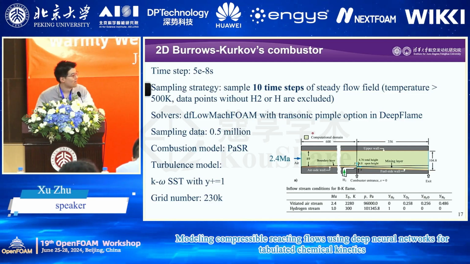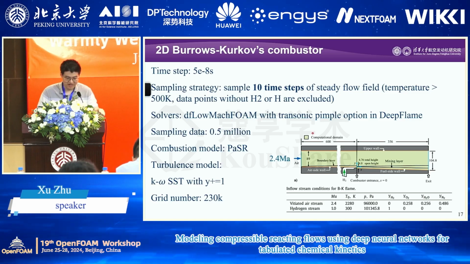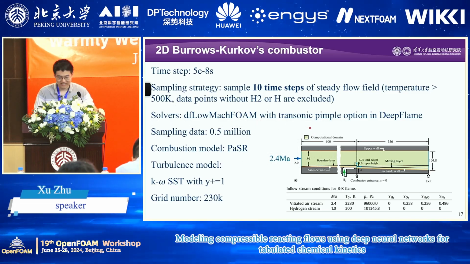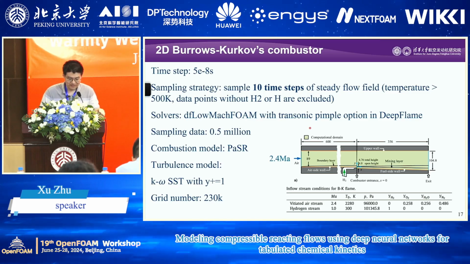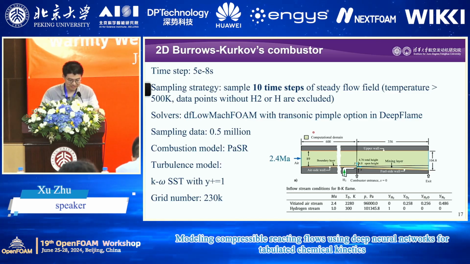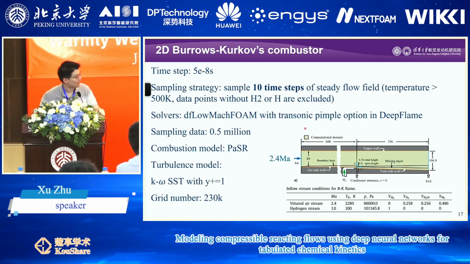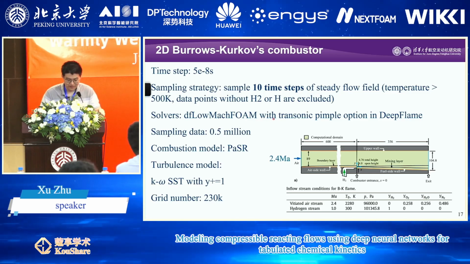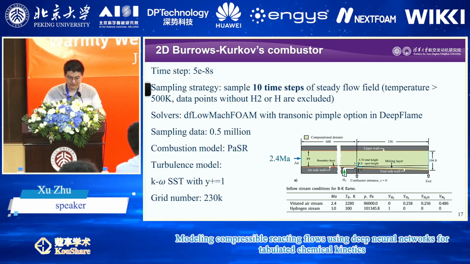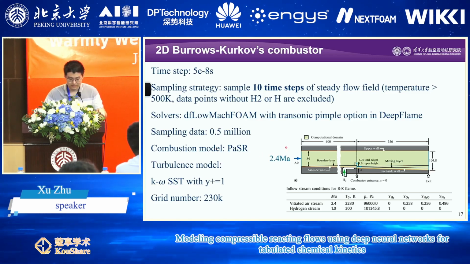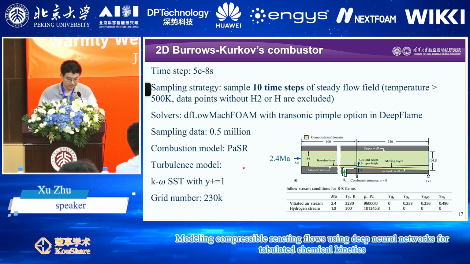This is because we met some errors with highMachNumberFoam, and it turns out that some boundary conditions are not available in high-speed foam, and we will fix that in the near future, perhaps. The sampling data is about 0.5 million, and the combustion model is the PSR method.